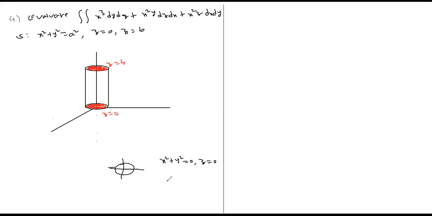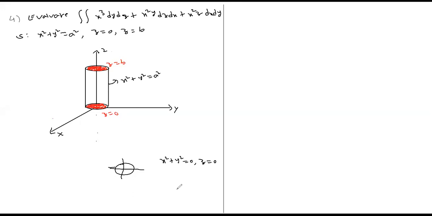Laterally it is a cylinder, x square plus y square equal to a square. So the combination of all these circles from 0 to b forms a finite cylinder of length b.